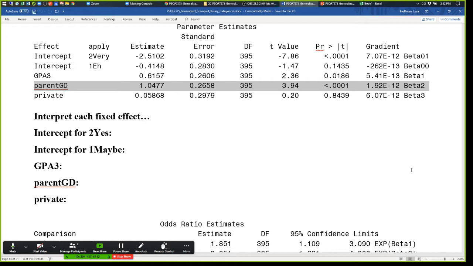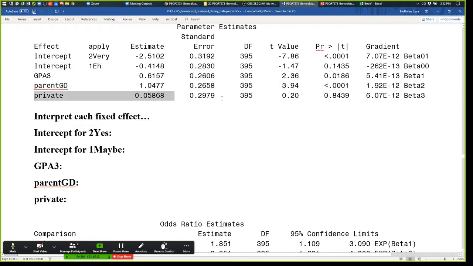So are children of graduate degree parents more likely to go or less likely? More likely, yeah. And this one, same story but not significant. And I would be willing to wager that in practice, that's the end of the results section, like the end.